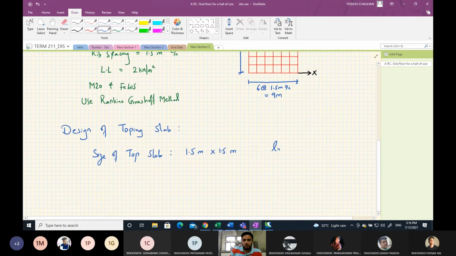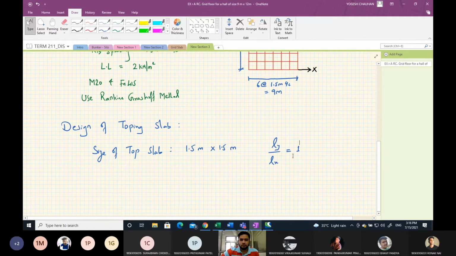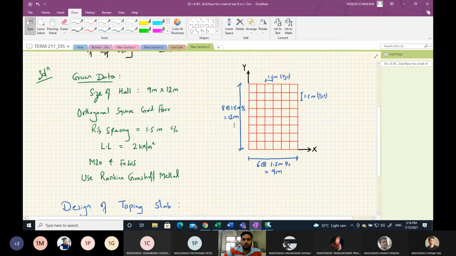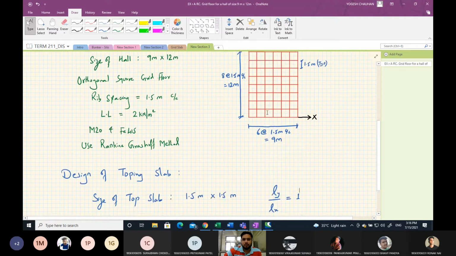So here the Ly by Lx ratio is 1, same as earlier. Now the slab is continuous on all 4 edges.